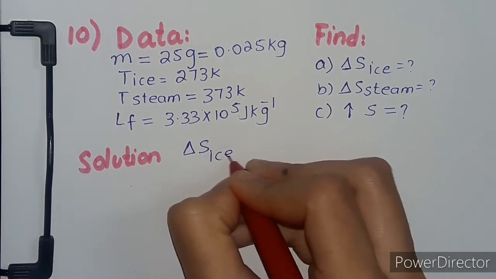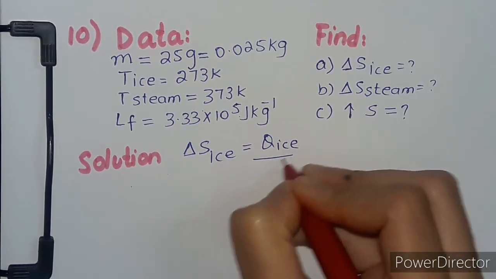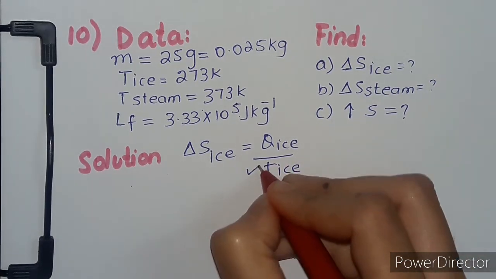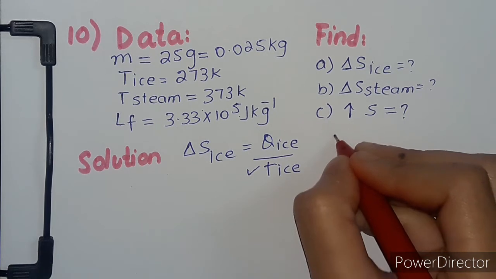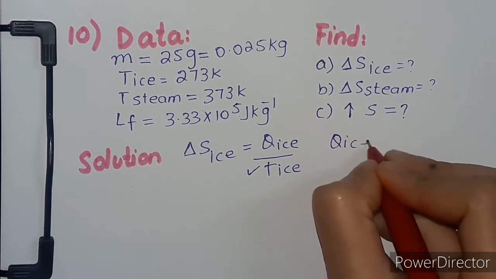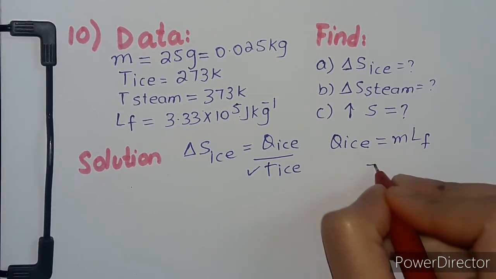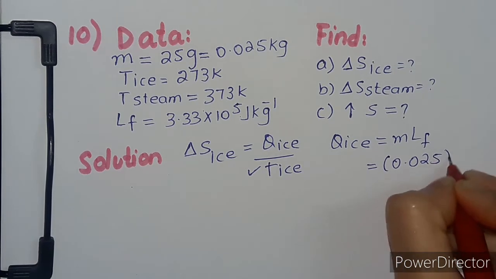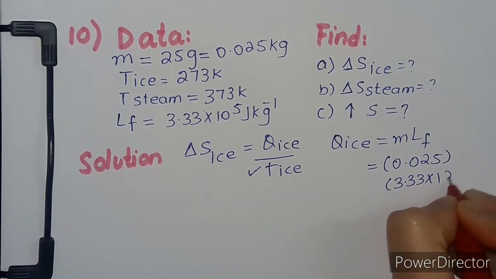The change in entropy of ice is equal to heat of ice divided by temperature of ice. We have the temperature, but we have to find the heat of ice. Which formula will we use? Q is equal to m Lf. So m value is 0.025 and Lf is 3.33 10 raised to power 5.